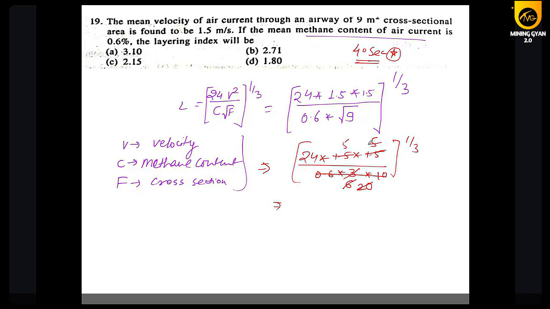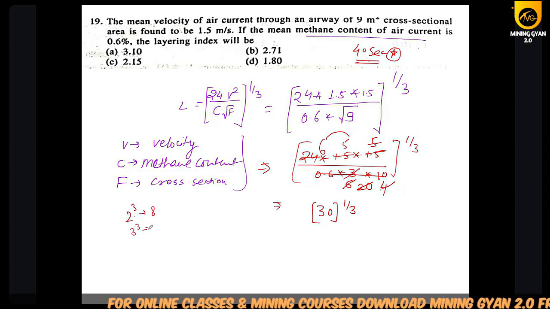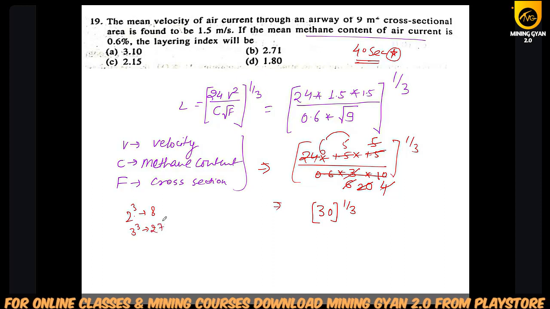Now 5 4 goes 4, 6 goes, now it becomes 6, 6 fives 30, 1 by 3. But 2 cubed is 8, 3 to the power 3 becomes 27, and 4 to the power 3, cube of 4 is 64.